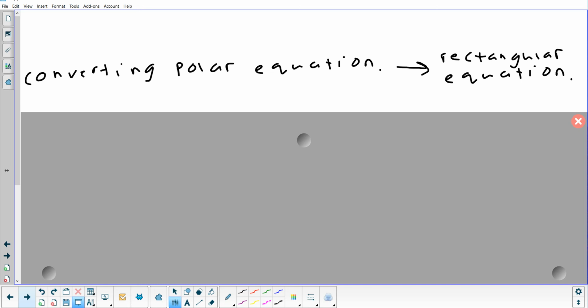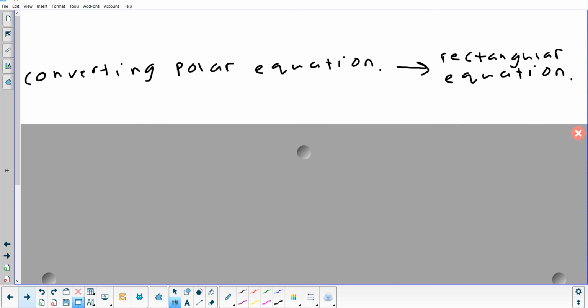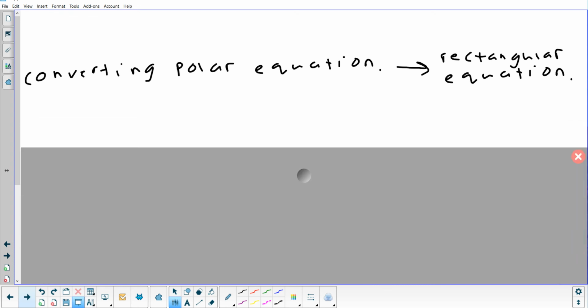So let's take a look at how we can convert not a polar point to a rectangular point, but a whole polar equation to a rectangular equation. Let's remember what we did yesterday.